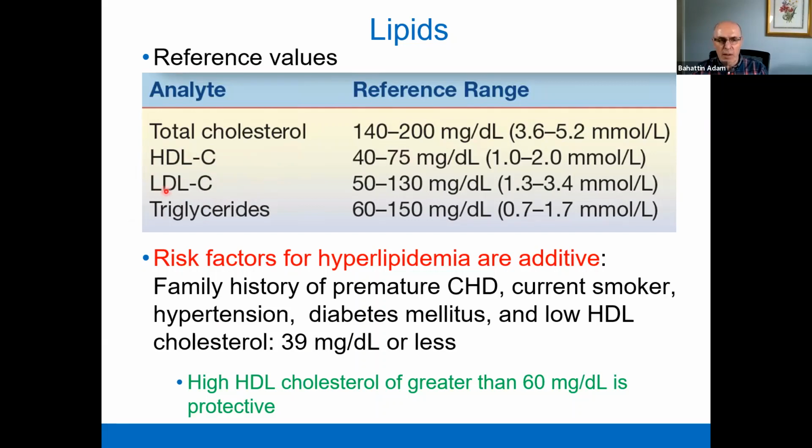LDL cholesterol, which is bad cholesterol, should be below 130 milligram per deciliter, and triglycerides, the reference range for that is between 60 to 150 milligram per deciliter.